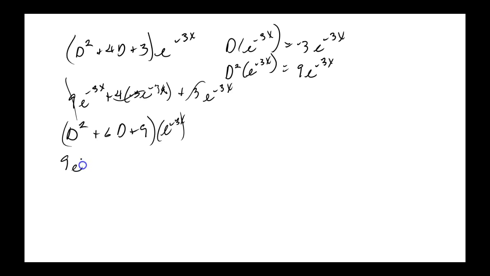That'd be 9e to the minus 3x plus 6 times a negative 3e to the minus 3x plus 9e to the minus 3x. Well, 9 and 9 is 18. 6 times negative 3 is negative 18. So that's pretty obviously the case too.